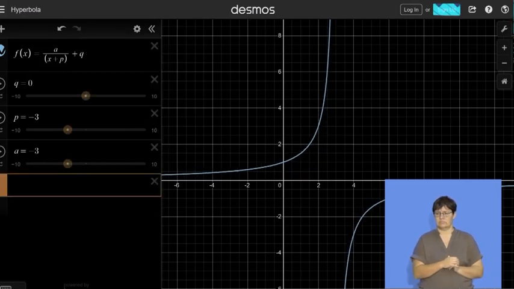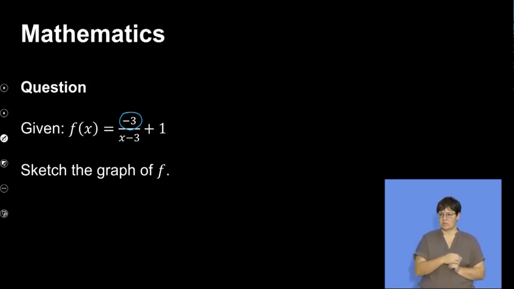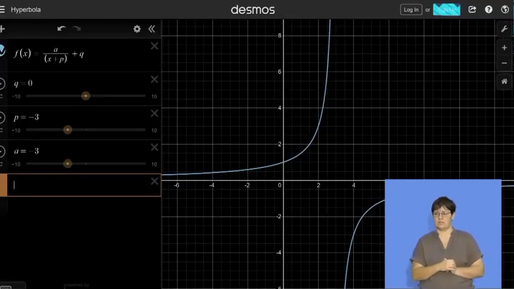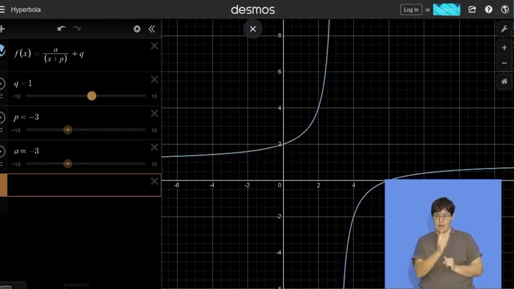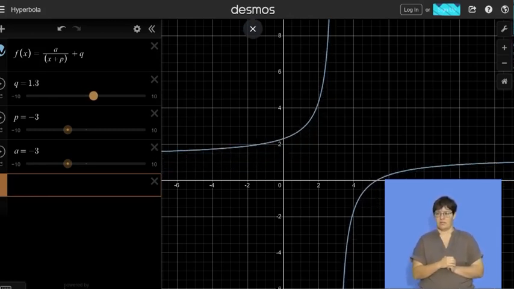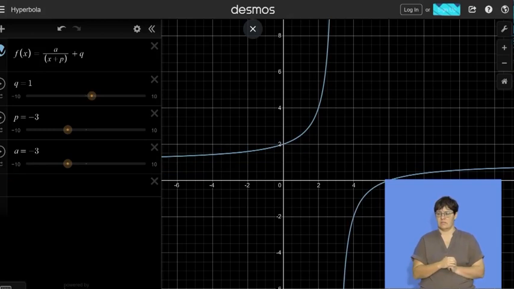And then we also have the value of q, which we quickly need to check as well, which is 1, right? It must be a positive 1, so it means I'm taking it 1 unit up. So that becomes there at 1, and that's what my function will look like, right? So it was the original function which was at the center, meaning the origin, on either side of the origin.